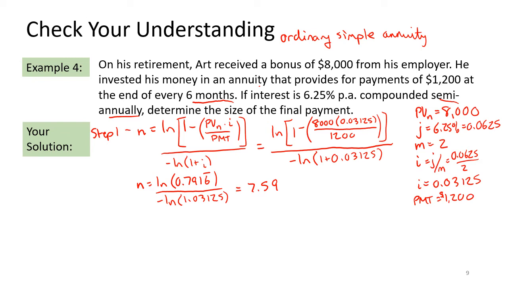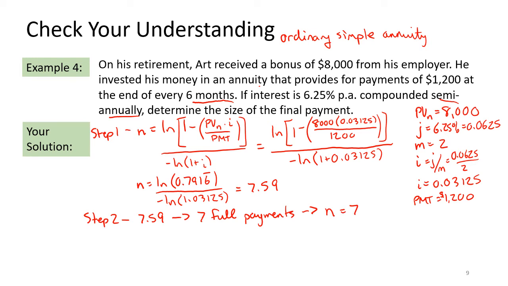Again, it will always work out to a fractional number. So step 2, how many full payments are we going to make? We had 7.59 payments, so that means we're going to make 7 full payments, and then a partial payment for the last one. So that means that 7 is your value for n.